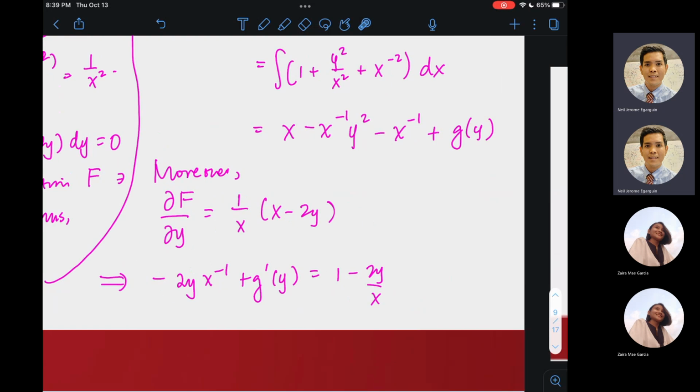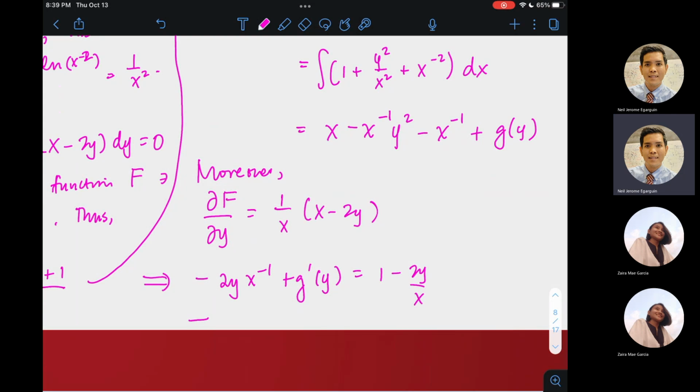So matitira na lamang ay, dito na lang sa ilalim, g prime of y ay equal lamang kay 1. Okay? Tapos, para malaman ko ano talaga yung itsura ni g, i-integrate ko lamang ito. So therefore, g of y is equal to the integral of dy, all right, which is equal to y plus an arbitrary constant c. Okay?